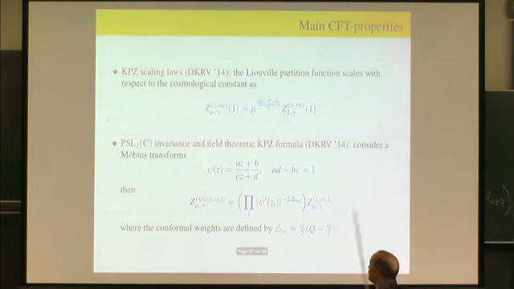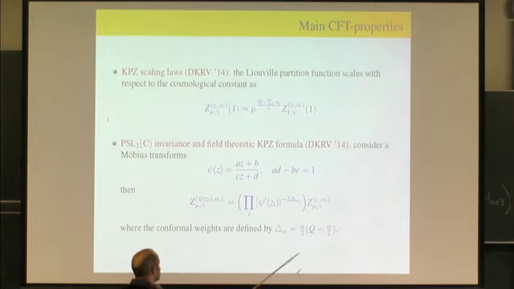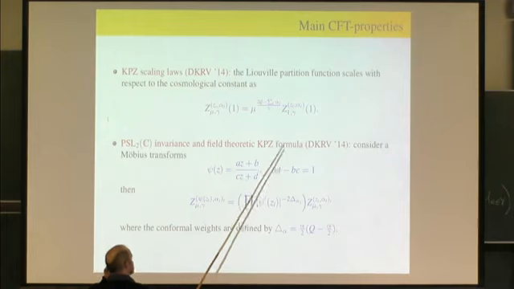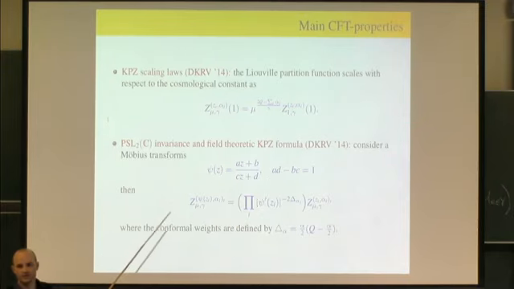So if you can construct this partition function, you can play with it and show that it satisfies the main properties you expect from a conformal field theory. There are a lot of scaling relations, as Clément told you yesterday.